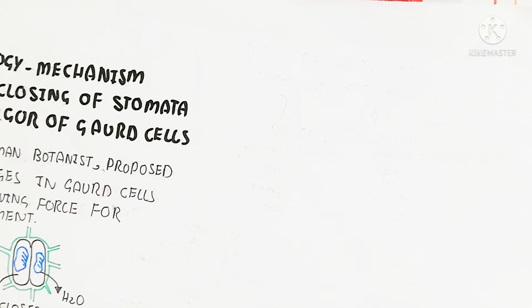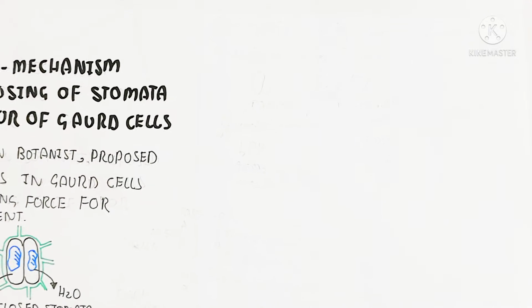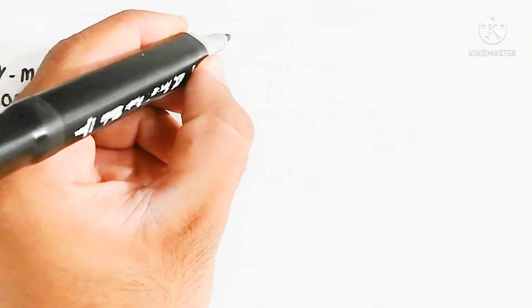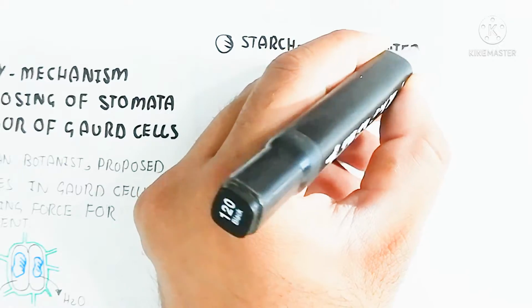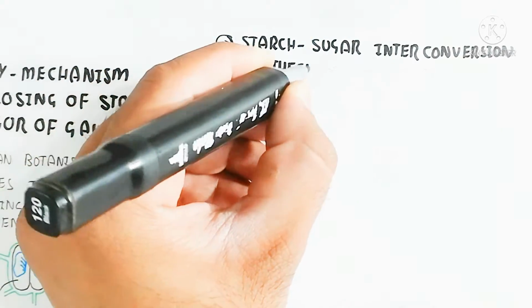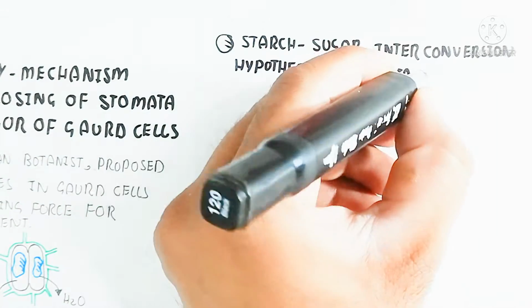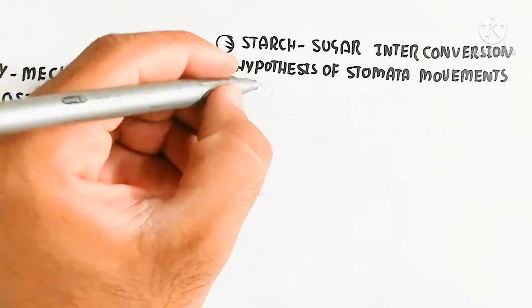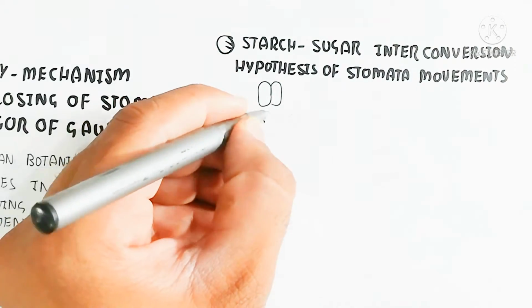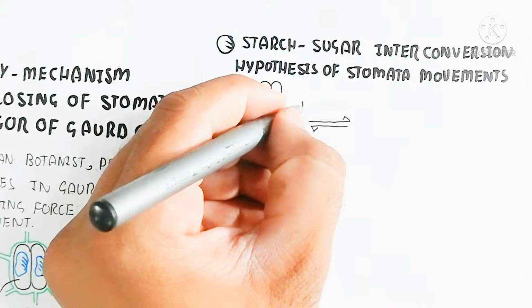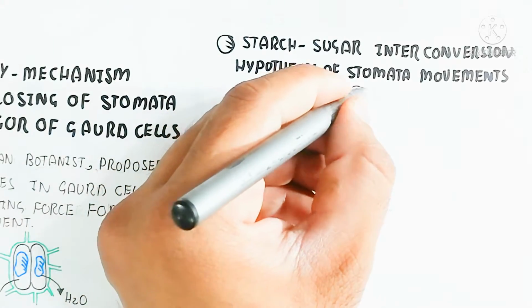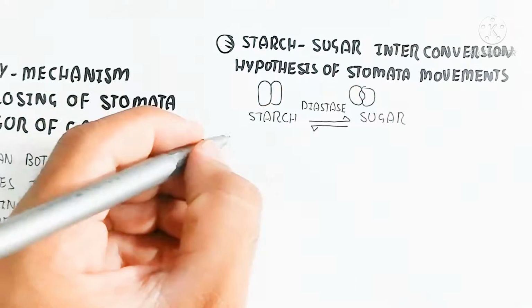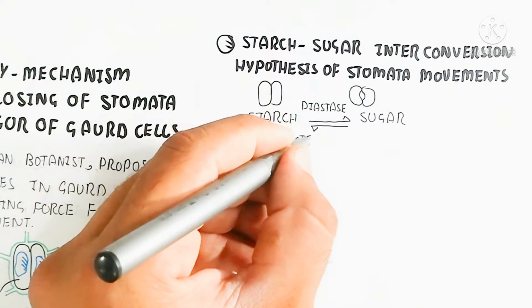But let's understand another theory, which explains the starch-sugar interconversion hypothesis of stomatal movements. This is the same mechanism. Starch and sugar are basically interconverted, and the diastase enzyme is used for it. When the osmotic potential decreases, the pH also decreases, and this pH decrease is due to the increase of carbon dioxide, which leads to more acidic conditions because of carbonic acid production.